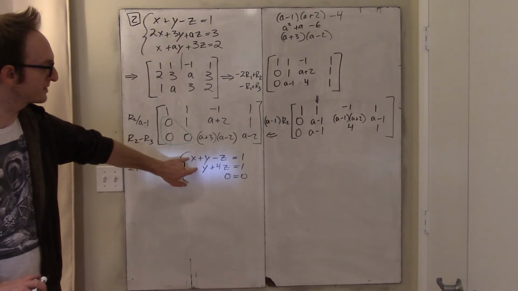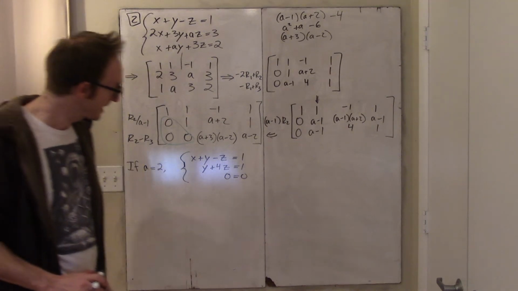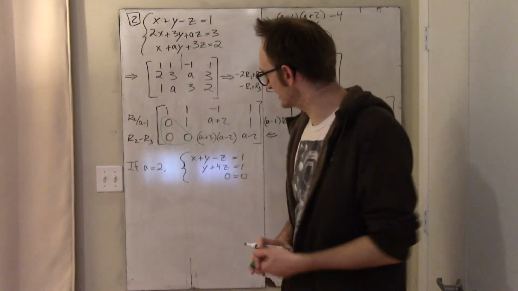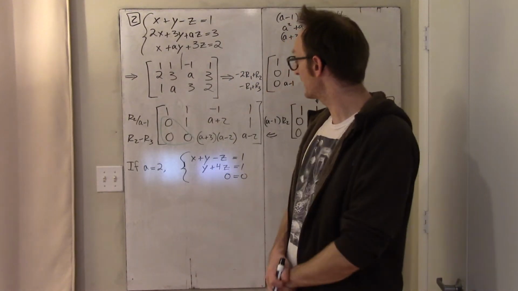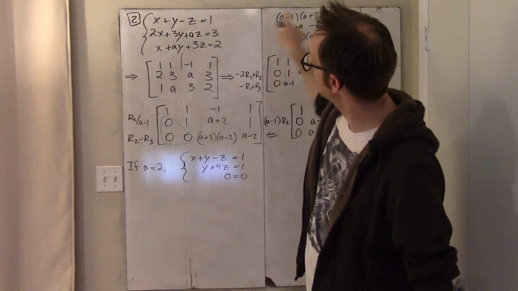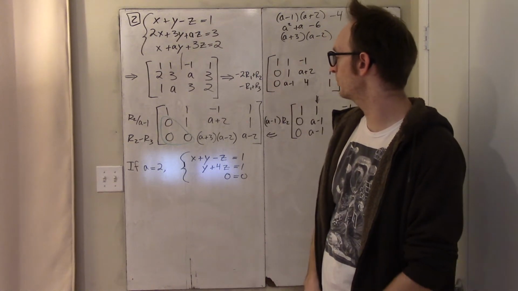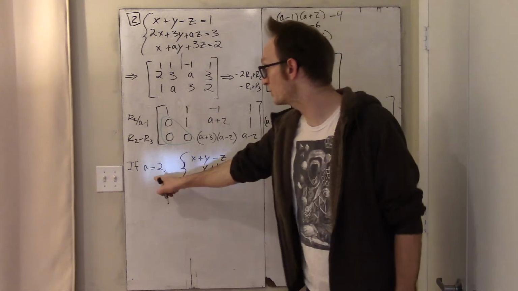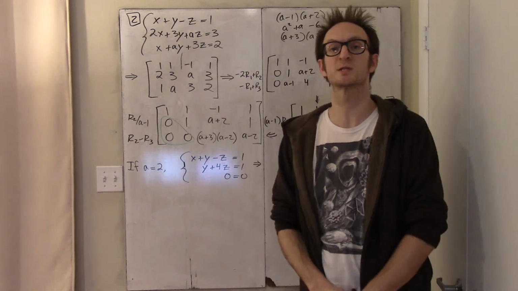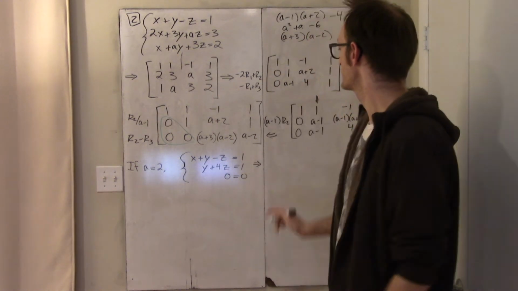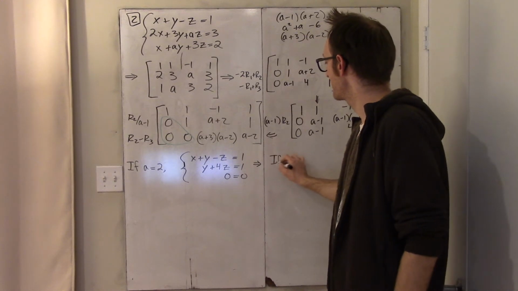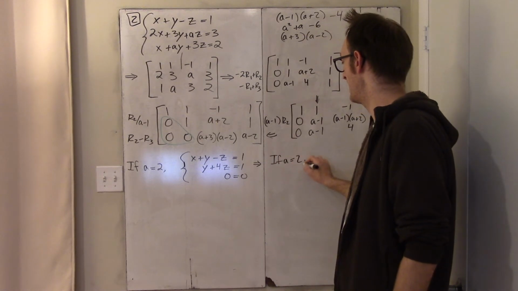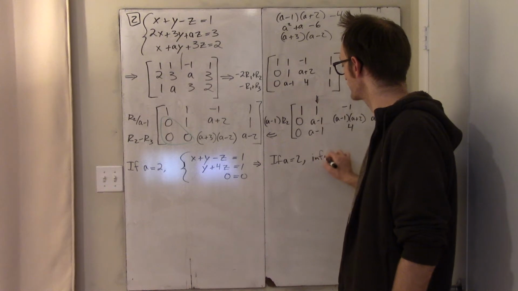If we think of these two equations as representing planes, those two planes will intersect, and we'll get a line here. And since we pursued equivalence preserving operations all the way through, that tells me that if a was 2, my original system of equations also had an infinite number of solutions. So already I can say that if a equals 2, we have an infinite number of solutions.